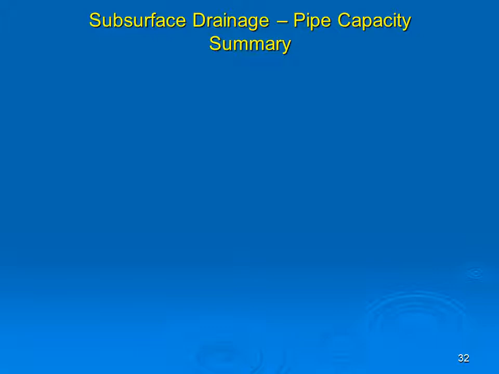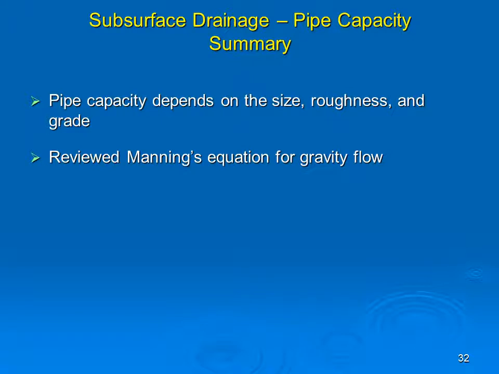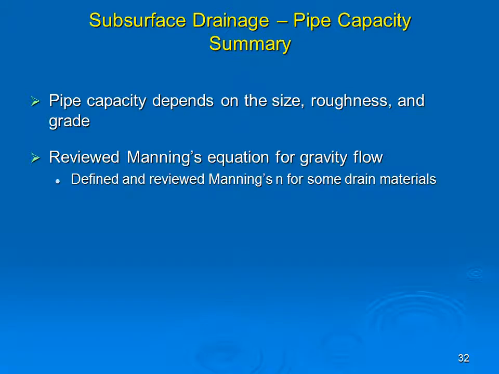So this concludes our module about calculating the capacity of a drain pipe. To summarize what we've covered in this session, we've learned that the pipe capacity depends on the size, roughness, and grade of the pipe. We reviewed Manning's equation for gravity flow and looked at Manning's n for some different drain materials.